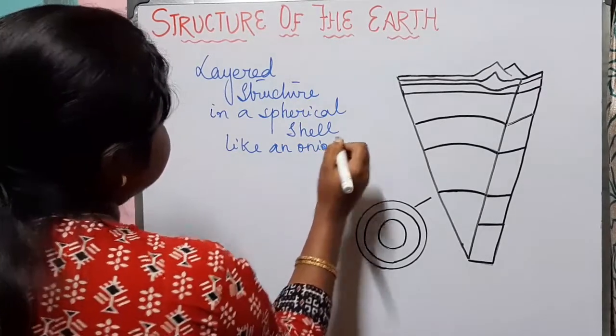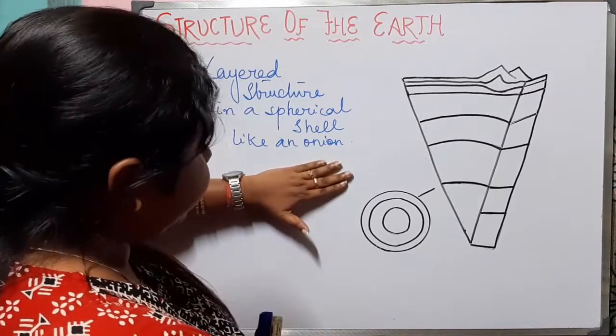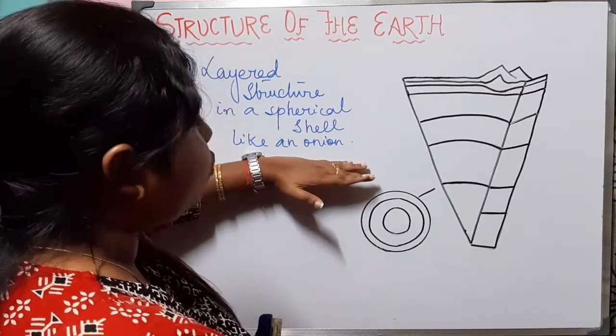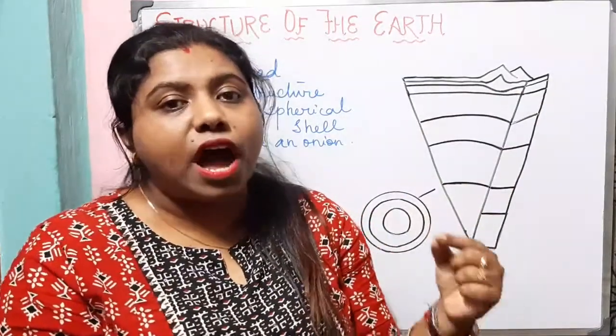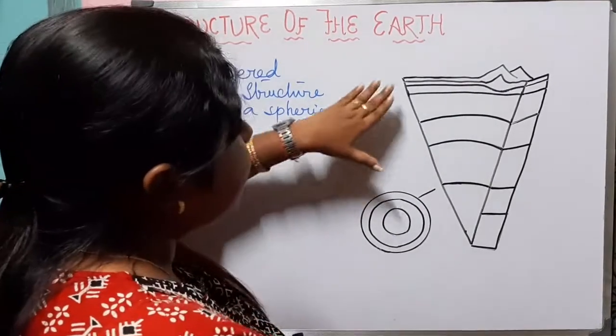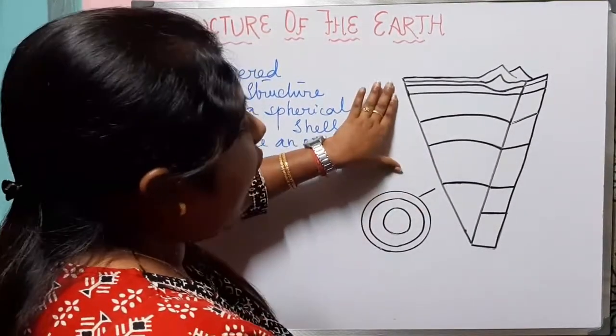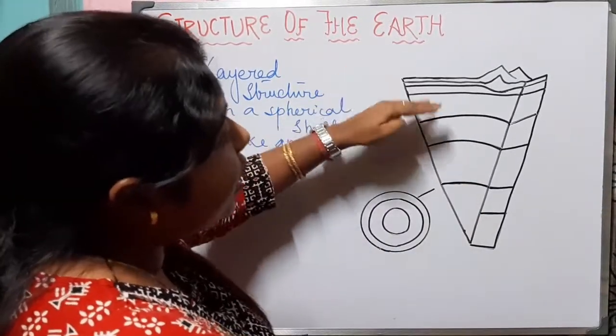All of us have seen an onion. When we cut the onion, what do we get? We get different layers, and this is the best example to illustrate the layered structure of the earth. Our earth also has different layers with different densities.